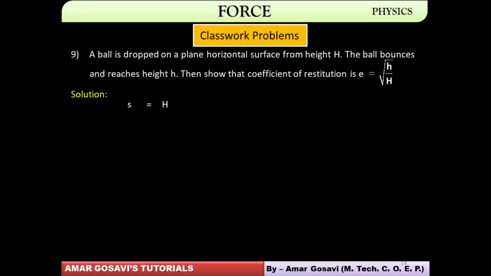So here S is capital H because it is falling through the displacement, and S dash is small h.